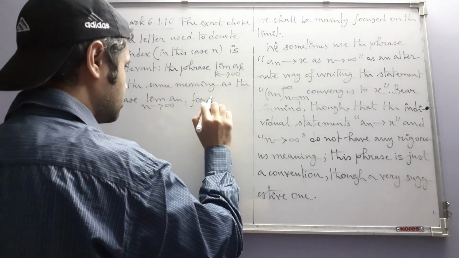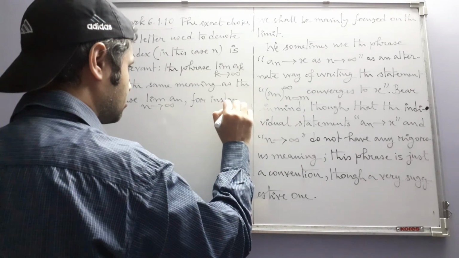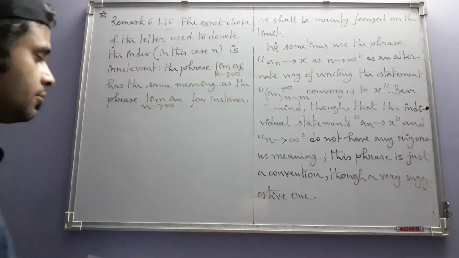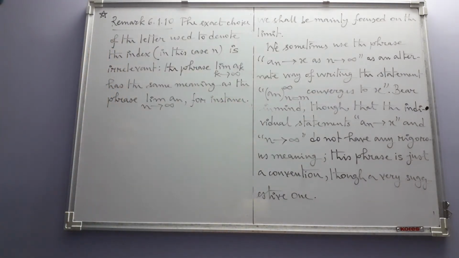For instance, but why would one change the name from n to k?